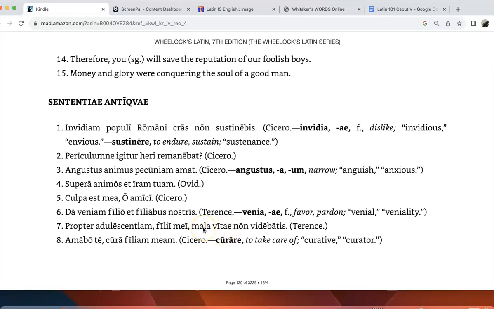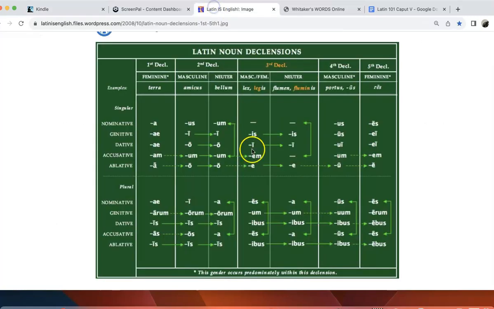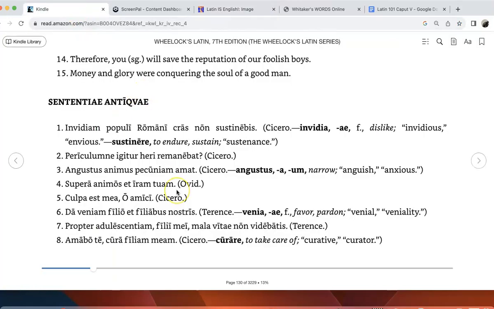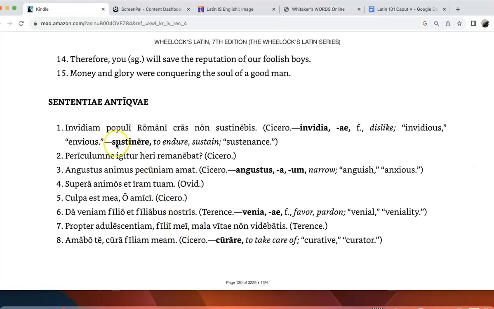And then mala is a neuter noun, and so we had neuter nouns in a previous chapter, and second declension neuter accusative plural is the letter A, so that's where it's mala. But then of life is first declension genitive singular. So these sentences are pretty simple, but the grammar has kind of gone up another notch. Let's be honest, for some of you, you're probably just going to have to memorize these.